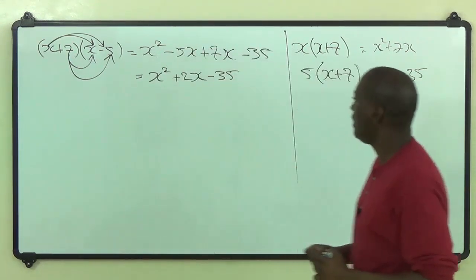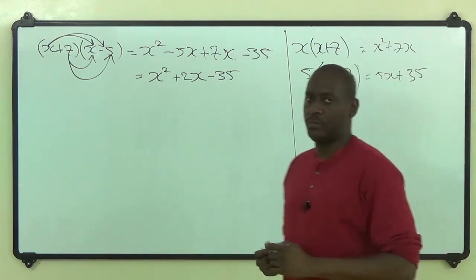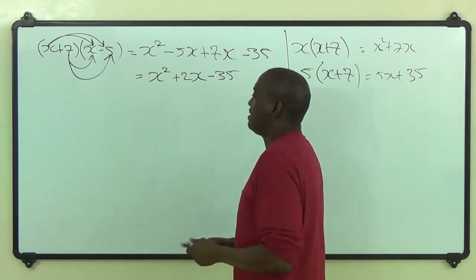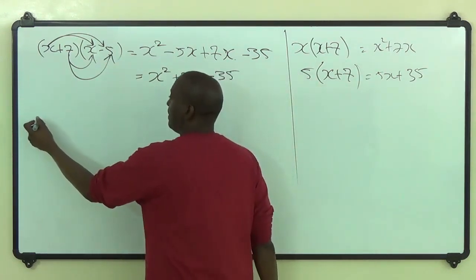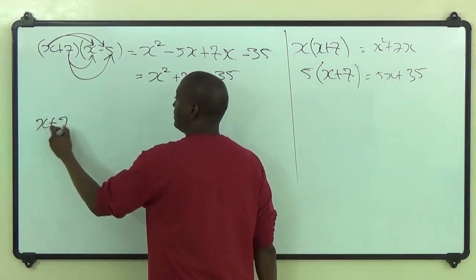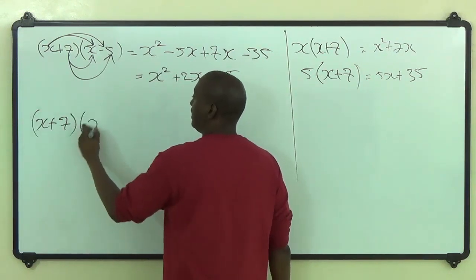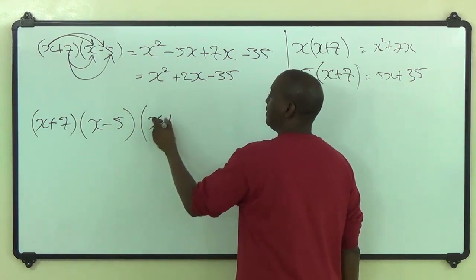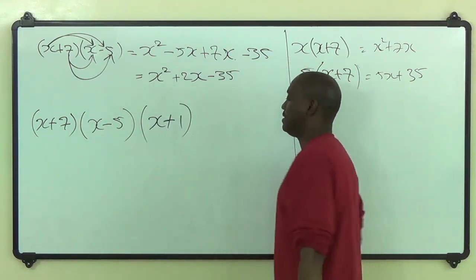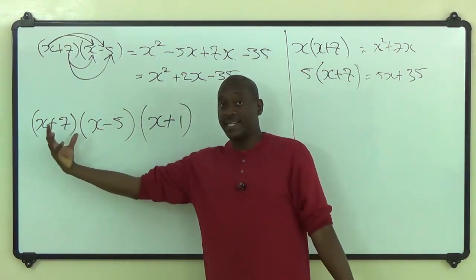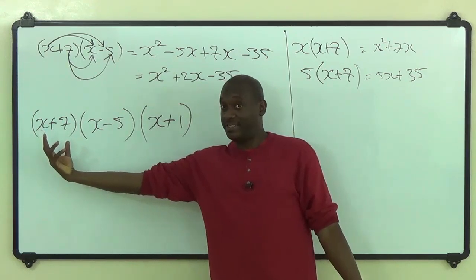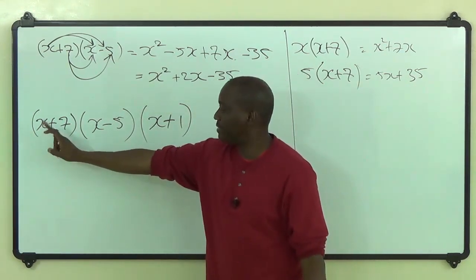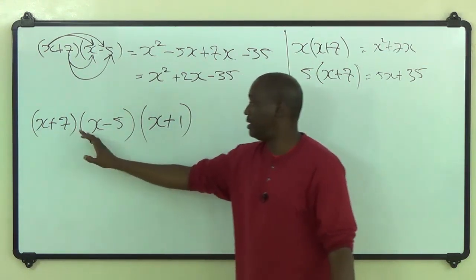Now, in add maths, you might find yourself having to deal with x plus 7 into x minus 5 into x plus 1. In other words, you now have 3 linear polynomials. Remember we discussed polynomials in the preceding video. Linear polynomials, polynomial of degree 1, degree 1, degree 1.